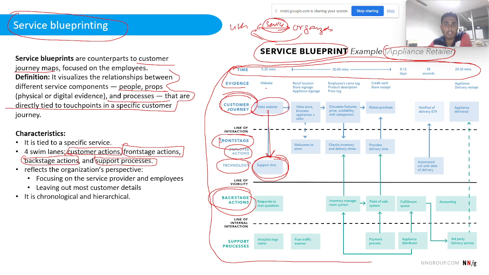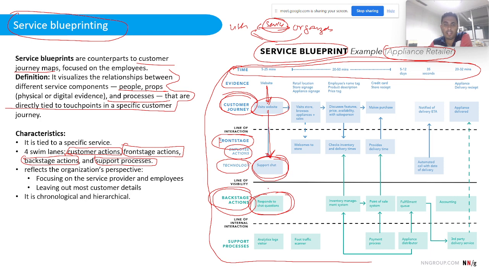The customer visits a website, so there is evidence of a website. Then the customer moves inside the website and accesses it, and there is a supportive chatbot, or not a chatbot, but employees who are actually dealing with these interactions. Then there's a backstage that responds to these chat questions, and that's how the inquiry happens at the initial stage.